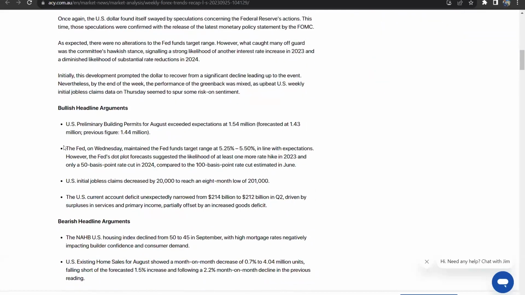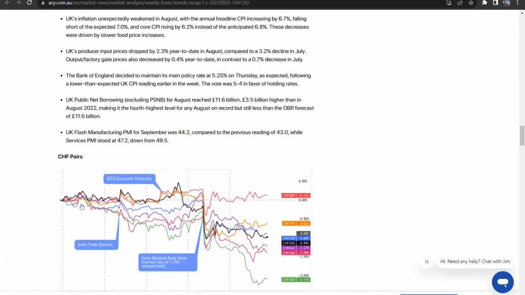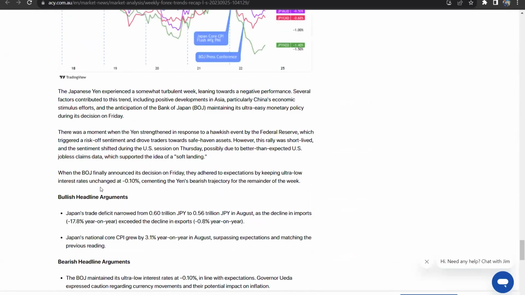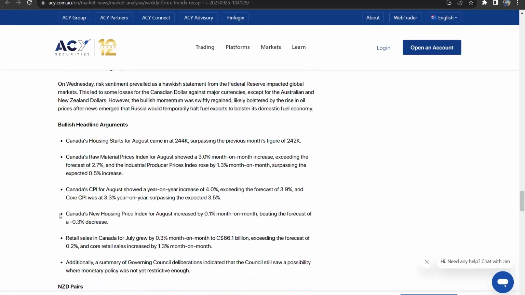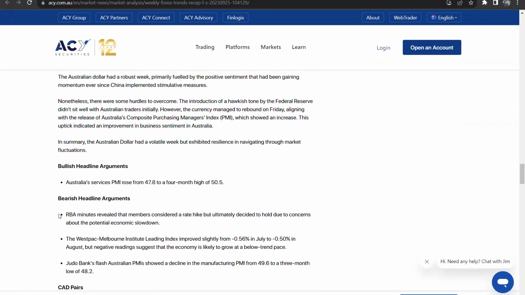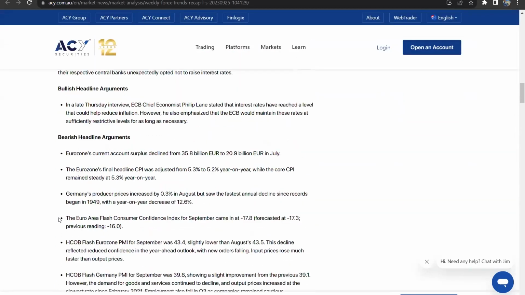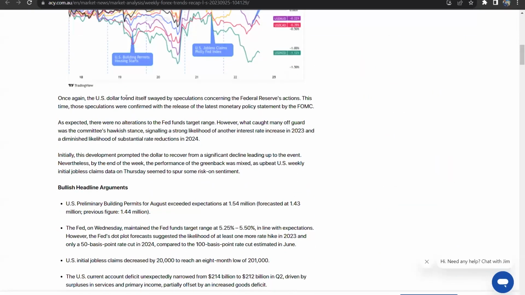So what I do is I take every single currency, so USD, Euro, and then I go for pound, and then every single CHF, all the way to JPY. And I do a summary for you all of what happened with the currency. Let's say for instance, US dollar. Once again, the US dollar found itself swayed by speculations concerning the Federal Reserve's actions.